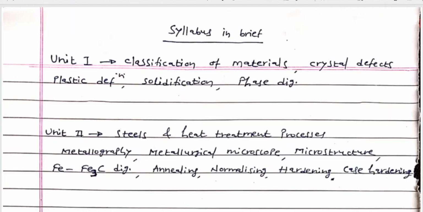The alloy is also defined as the combination of two or more than two metals. But what is the basic difference between an alloy and a composite material? In an alloy, the identity of each constituent is completely lost.